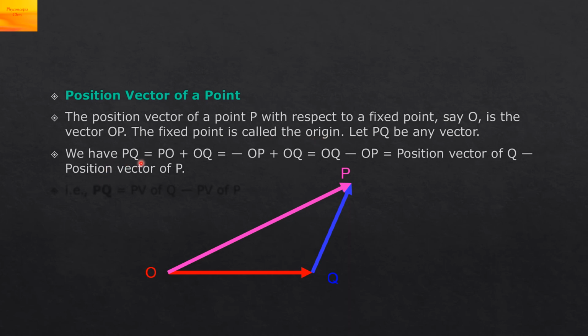We have PQ is equal to PO plus OQ, or it can be written as minus OP plus OQ. So this is OQ minus OP, that is position vector of Q minus position vector of P.